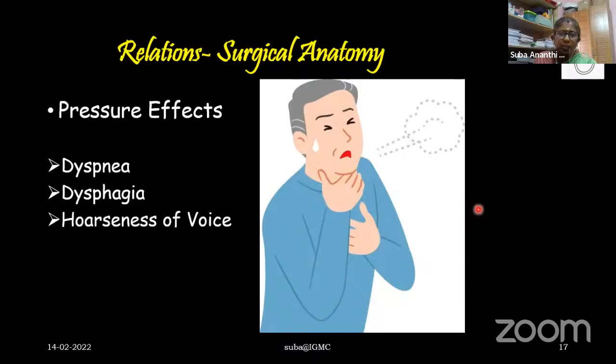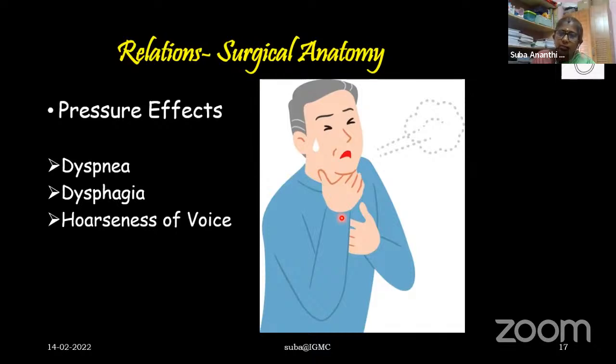If you look at the applied aspect in relation to the medial surface, whenever there is an abnormal enlargement of the thyroid gland, and especially in malignancy of the thyroid gland, we have pressure effects over these structures. When it compresses the trachea, the patient can present with difficulty in breathing, shortness of breath, which we call dyspnea.